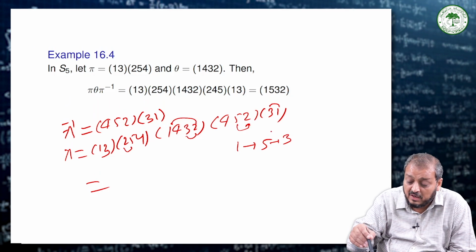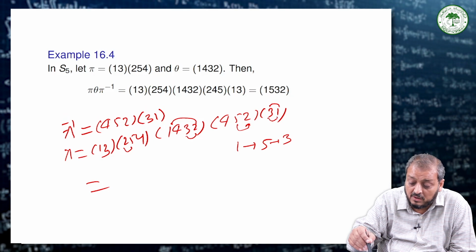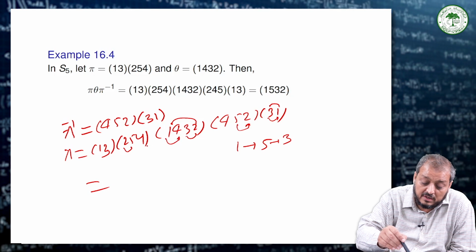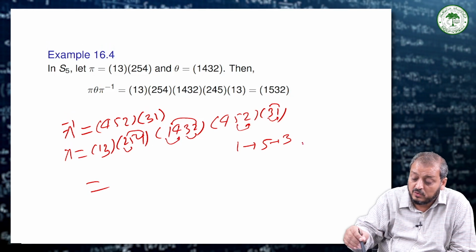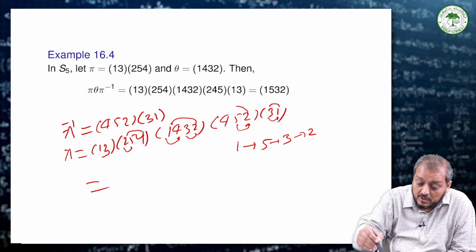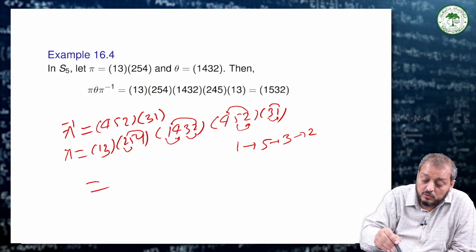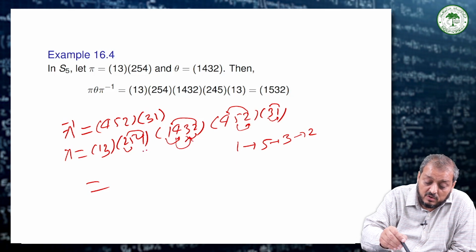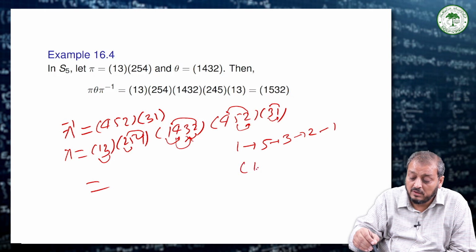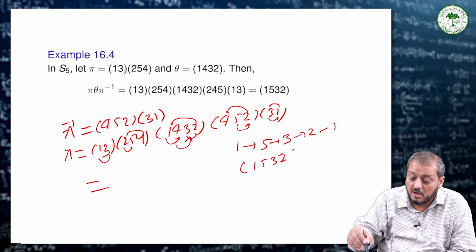Now 3 goes to 1, and then 1 goes to 4, and then 4 goes to 2. Now 2 goes to 4, and 4 goes to 3, and then 3 goes to 1. So clearly we have (1 5 3 2).